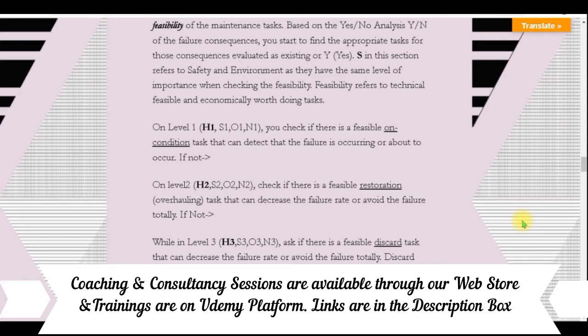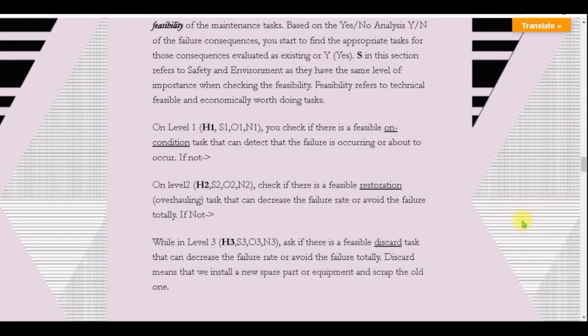Now I need to compare the cost of doing this task, which will prevent this failure or reduce its rate, to the cost of the failure itself. Will my on-condition task cost less than the failure, or will it be equal or higher? If so, that's not the proper selection. Maybe there is some restoration task. Restoration is an overhauling task.